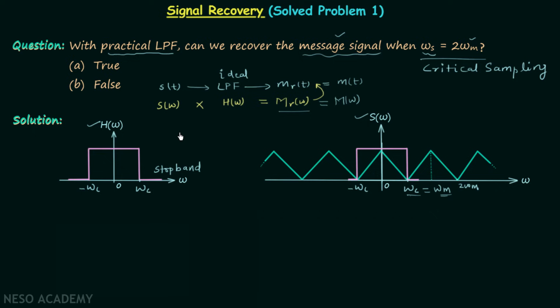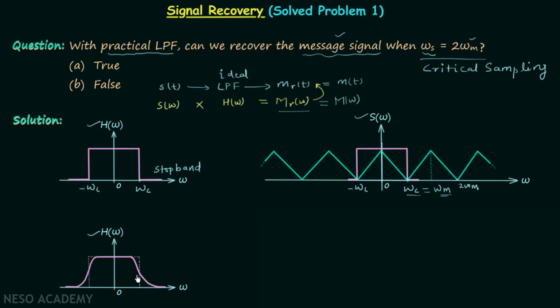Now we will understand what will happen when there is a practical low pass filter in the case of critical sampling. And first we will have a look at the frequency response of the practical low pass filter. The frequency response H omega will look like this, and here you can see that the transition from pass band to stop band is not this sharp. It is taking some time, and therefore in this case we are having one more band which is known as the transition band.